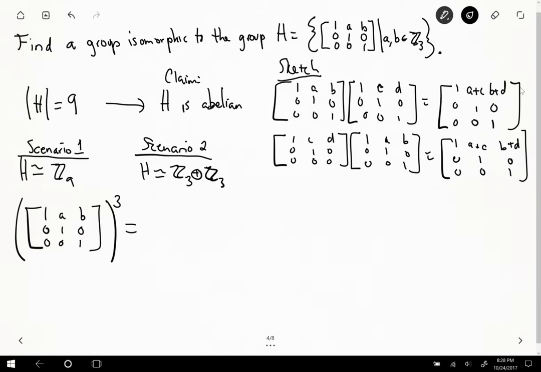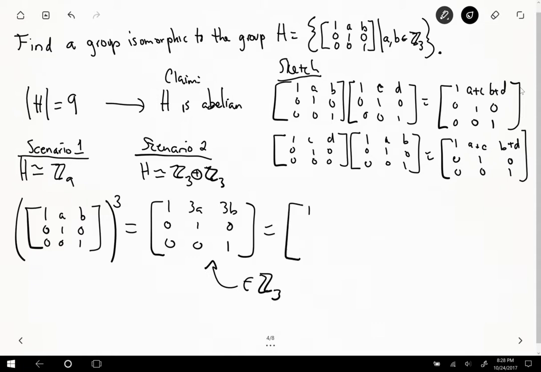Well, when you cube it, and you can carry out this calculation, you get 1, 3A, 3B, 0 1 0, 0 0 1. But remember, we are in Z3 for our elements. So this is equal to, well, 3 times A reduced mod 3, for each coordinate.